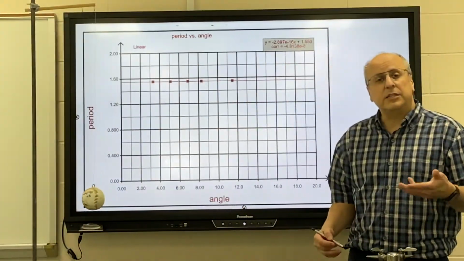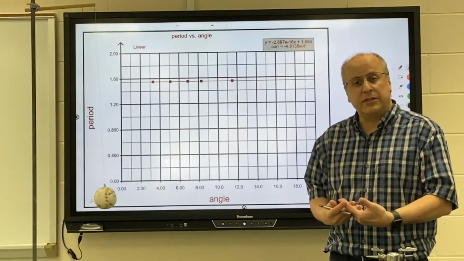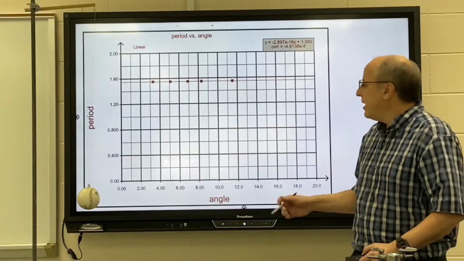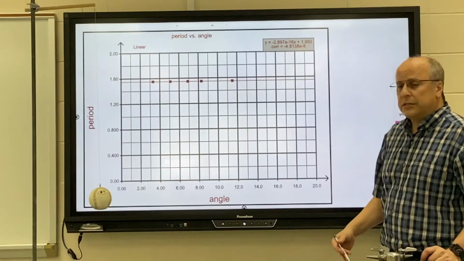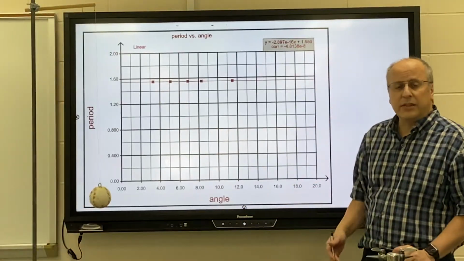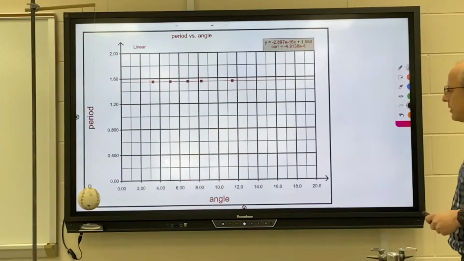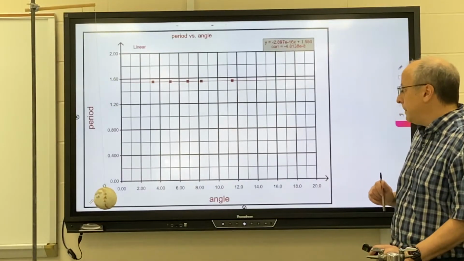Because of the fact that it speeds up at bigger angles, it actually cancels out. The extra speed and extra distance cancel out, and the time it takes to swing stays the same. This is approximately true for most angles, but if the angles get too extreme, this relationship can break down. But for all practical purposes, angle does not affect period.